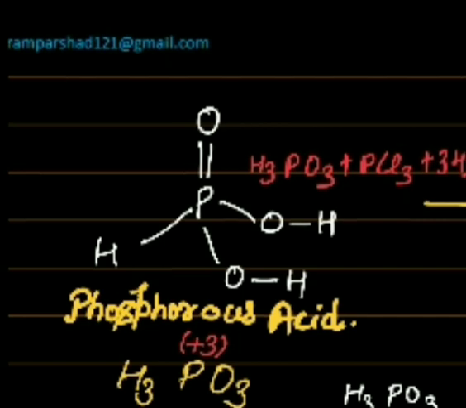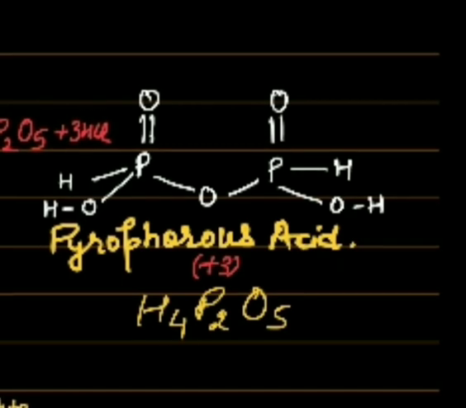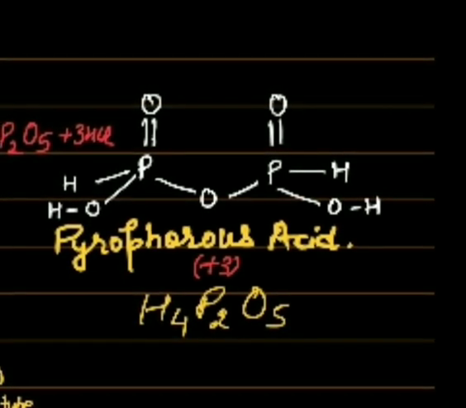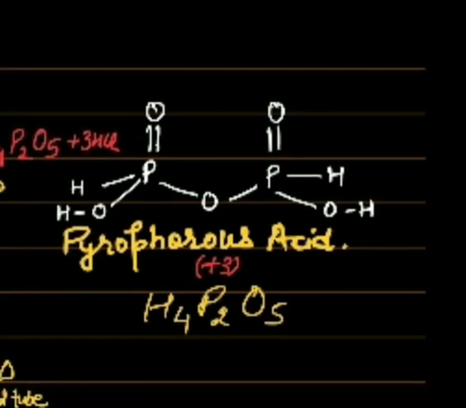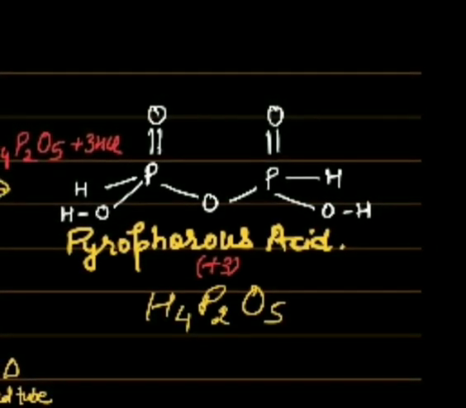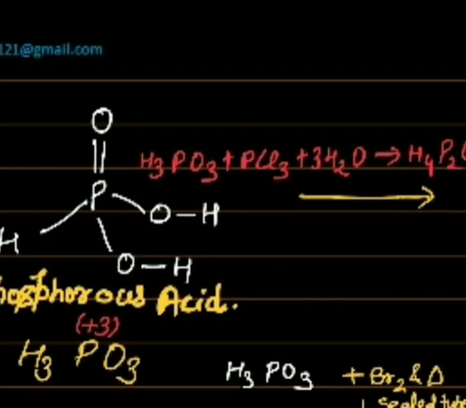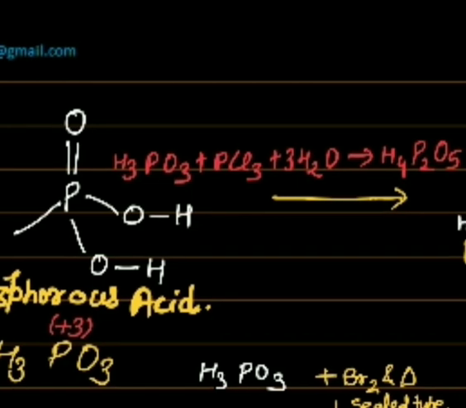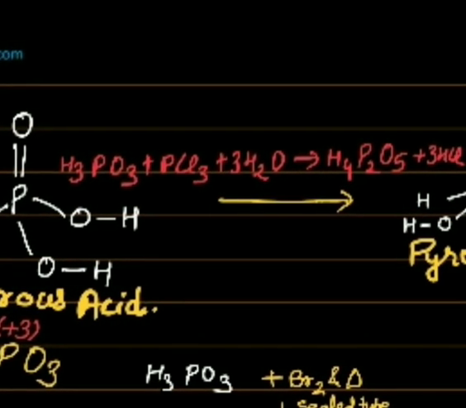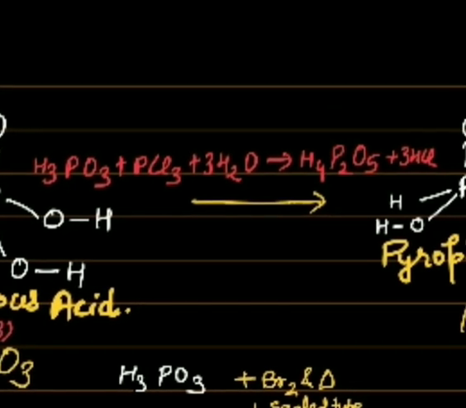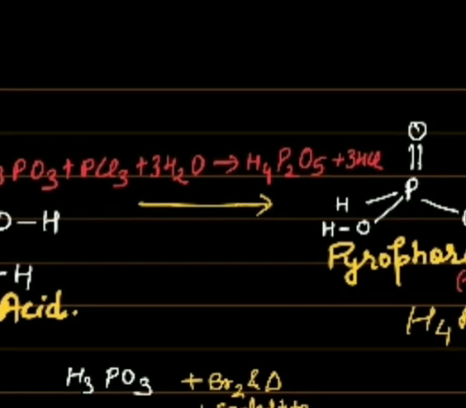Now the next oxoacid of phosphorus, in which phosphorus possesses +3 oxidation state, is pyrophosphorus acid. As the name suggests, pyro means heating. So it is clear that it is obtained by heating the orthophosphorus acid. This pyrophosphorus acid is prepared by heating orthophosphorus acid, that is H3PO3, with phosphorus trichloride and water.